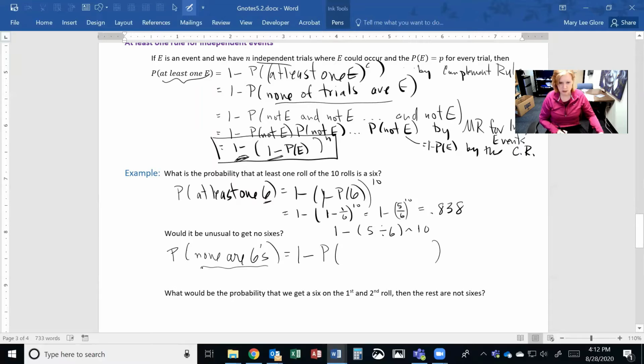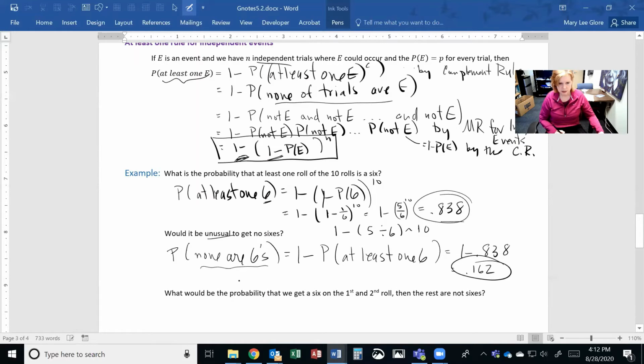And what's the complement of none of them are 6s? The complement of none are 6s is that at least one is a 6. And that's this. We just calculated that. So this is just 1 minus 0.838, which is 0.162.